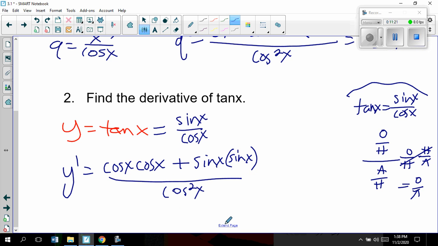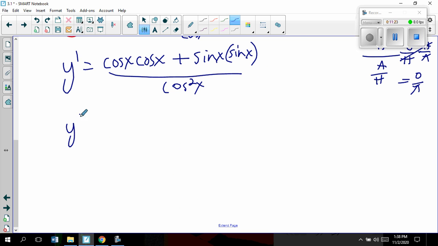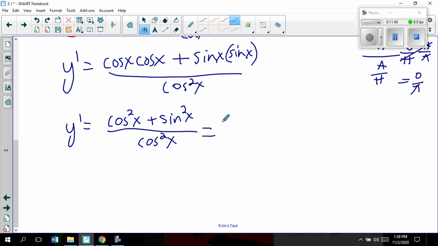Okay, so just doing some simplifying since I'm proving to you that it is secant squared. Cosine times cosine is cosine squared, plus sine squared over cosine squared. You cannot cancel those because you have to first add these two together. And at the very end of your trig day 2, we talked about some trig identities.